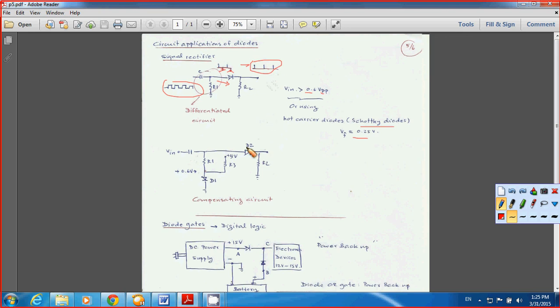The way they correct the problem, or modify the circuit, is that you simply connect another source to the circuit. Let's say 5 volts here, and you have the voltage at this point to be 0.6.